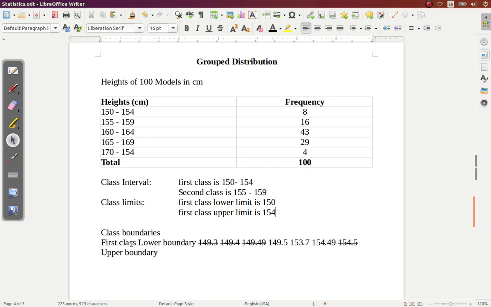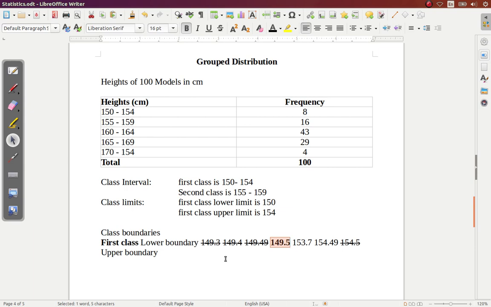So guess what now? For the first class, remember it's the first class we're dealing with here. The lower boundary is 149.5, while the upper boundary would be, in this case, you could say 154.499999. Well, you could go all day talking about 0.499, all the nines you want.